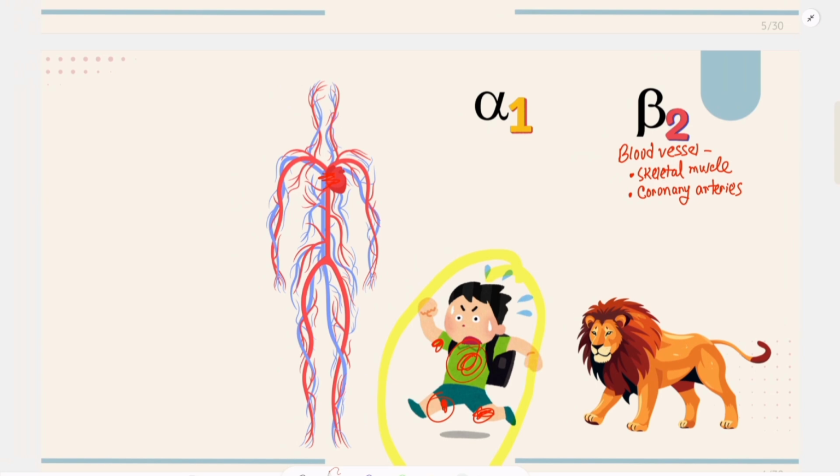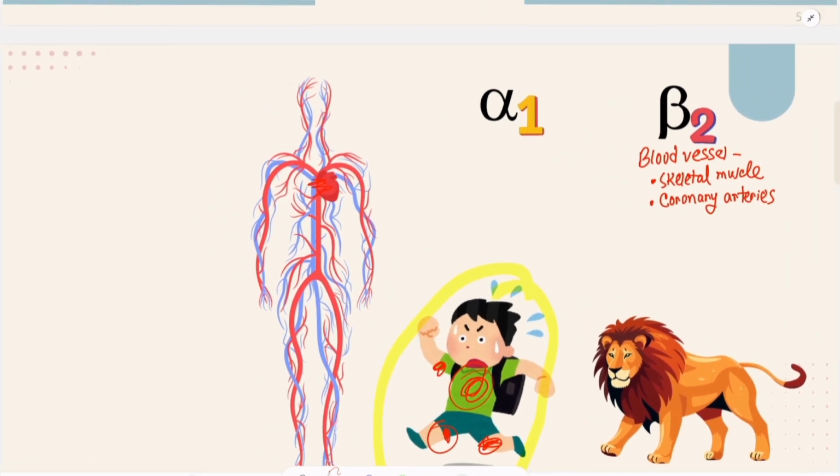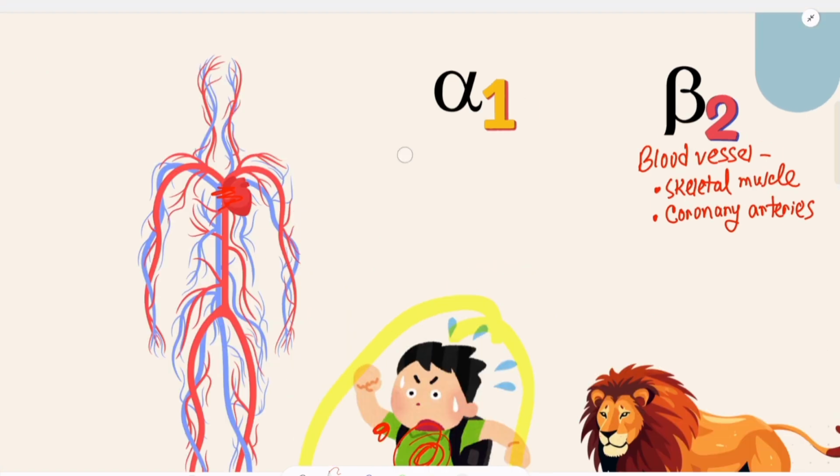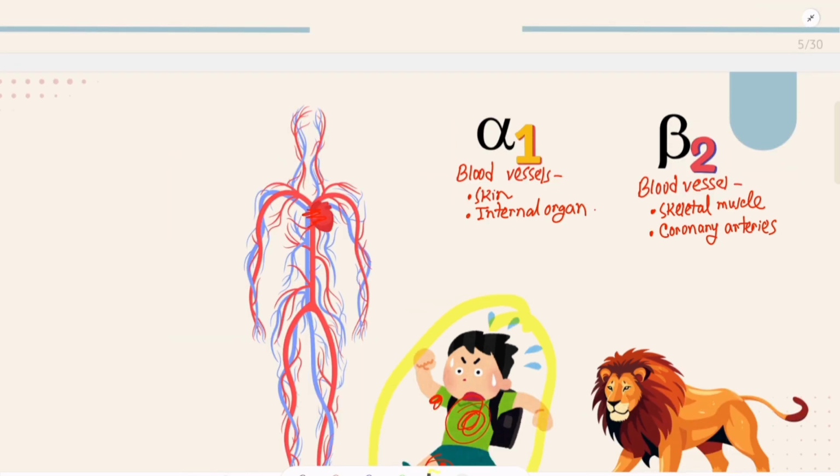What happens is that in all other blood vessels, alpha 1 is more. So blood vessels of skin, internal organ contains more alpha 1 receptors. So whenever there is an emergency, there will be vasoconstriction in this area because alpha 1 is more here.